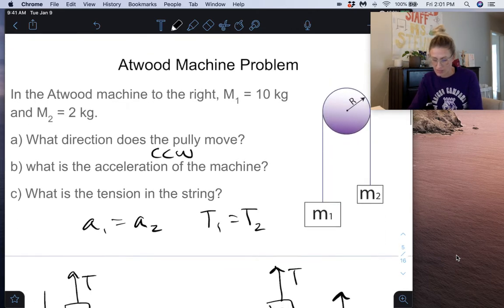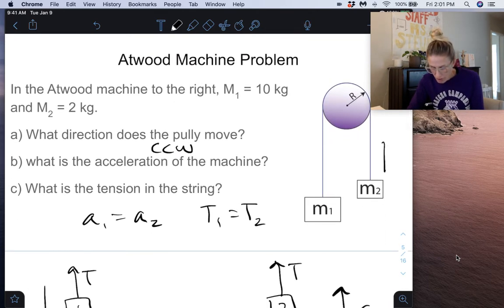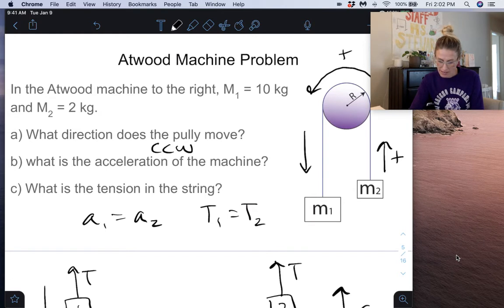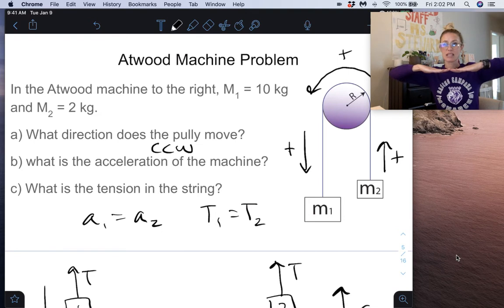So because of that, our coordinate system actually changes. Let me show you what I mean. So mass 2, we'll call up positive on mass 2, but as we go around this pulley right here, that's going to be the positive direction, and then that coordinate system is actually going to flip because of the pulley, and then downward will be positive for mass 1. Now think of this as like a coordinate system like this, but just being bent around that pulley like that.